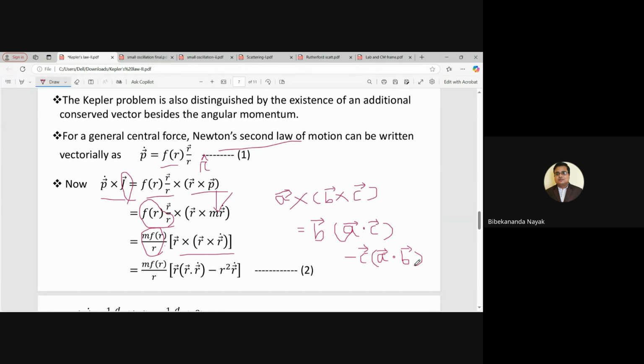This is the formula for the vector triple product.